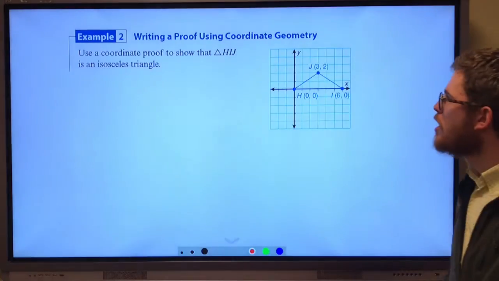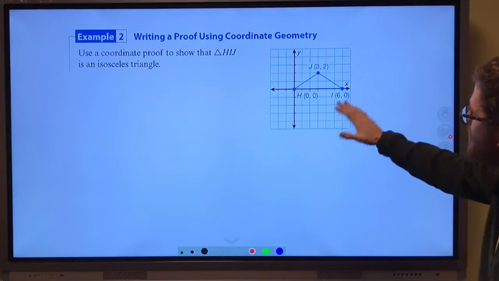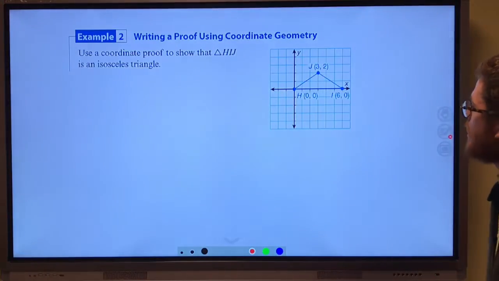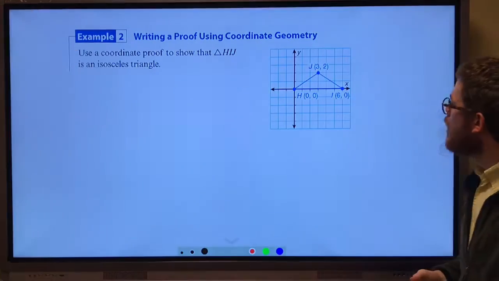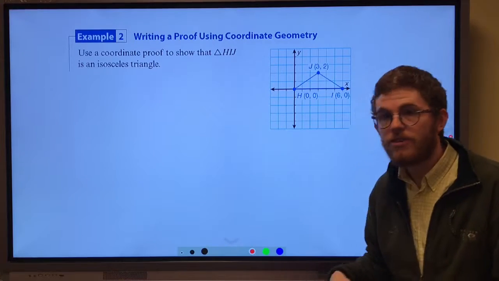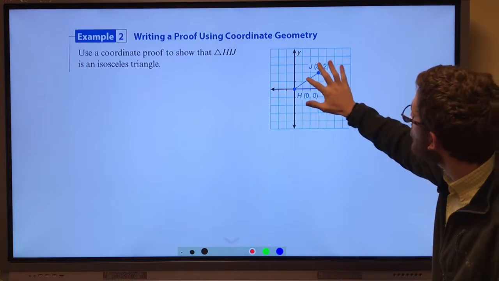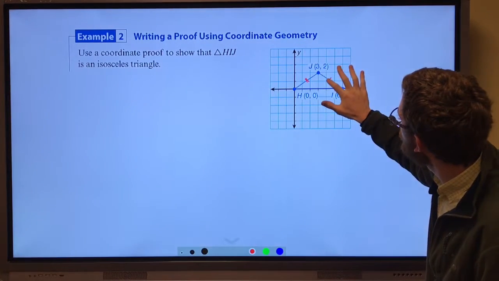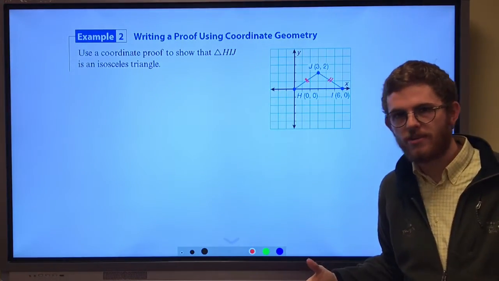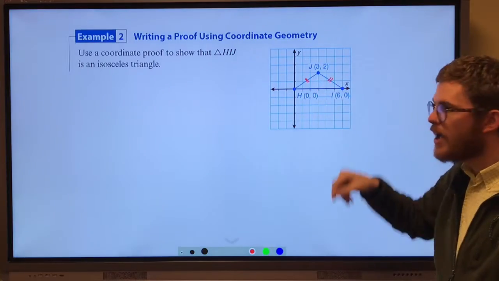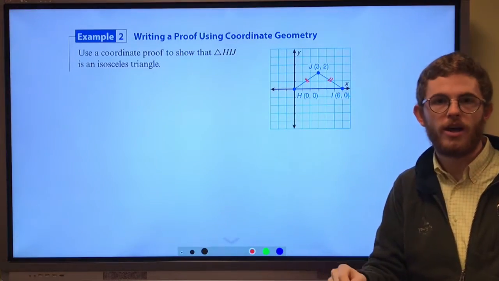Here we want to write a proof to show that this is indeed an isosceles triangle. So just having this graph, looking at this, I noticed if this is an isosceles triangle, it looks like this side right here is going to be congruent to that side. And all I need to do in order to show that this is an isosceles triangle is show that we have 2 congruent sides.